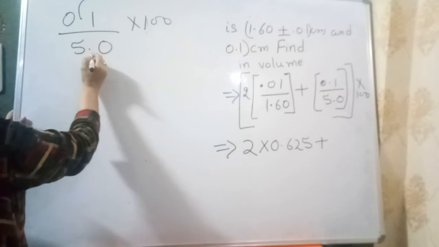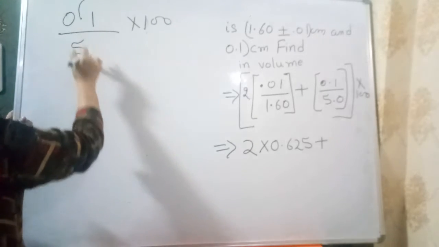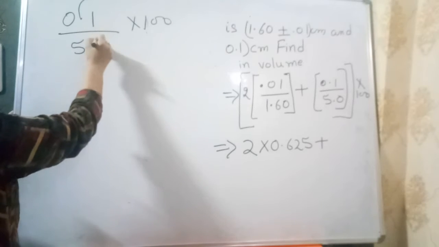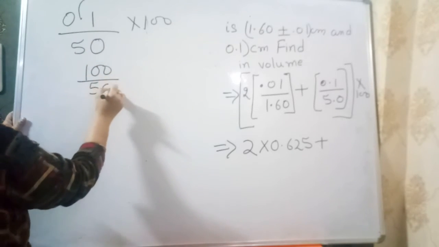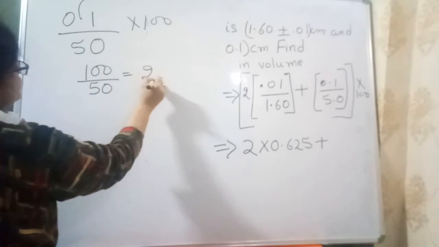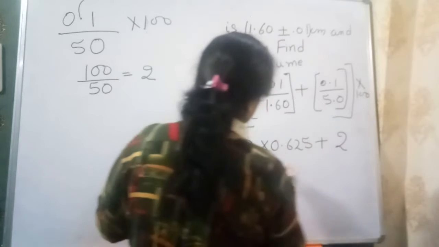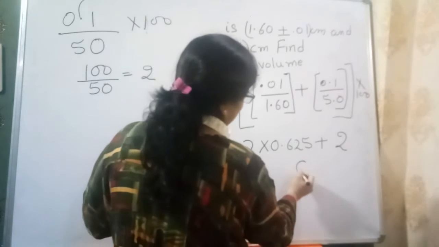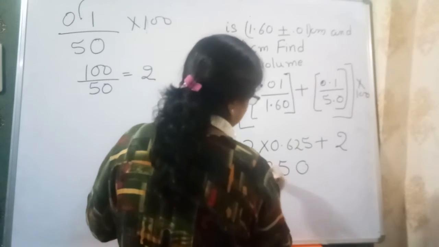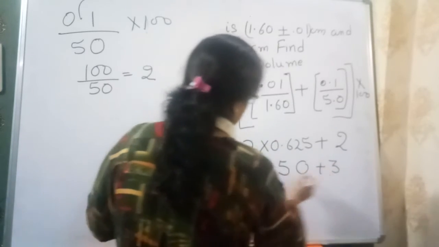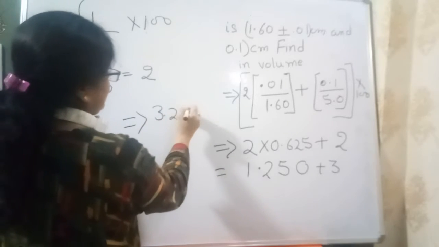This decimal, whenever we have 5.0, it doesn't mean anything. 0.1 gets cancelled. We have 50 over here. That means 100 over 50. That means what we have? 2. So we put here 2. Clear? Now multiply it. 2 5s are 10, 2 2s are 4, 1 5, 2 6s are 12. Point. Plus 3. That means we have 3.25%.